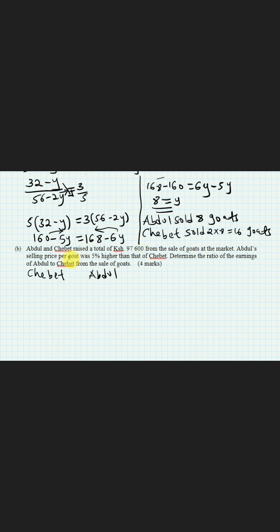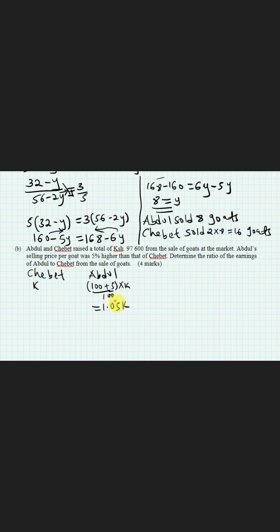We are told Abdul's selling price per goat was 5% higher than that of Chebet. So let us now let the selling price for Chebet to be K. So if the selling price for Abdul was 5% higher, it means 100% plus 5 divided by 100, then all of this multiplied by the selling price for Chebet, which is K. So this gives us 1.05K.